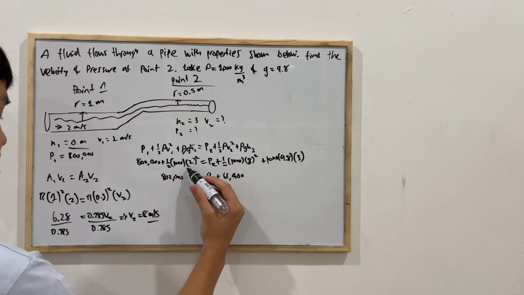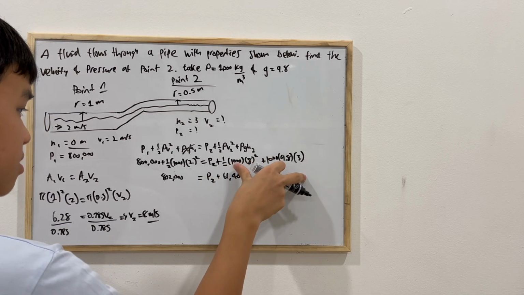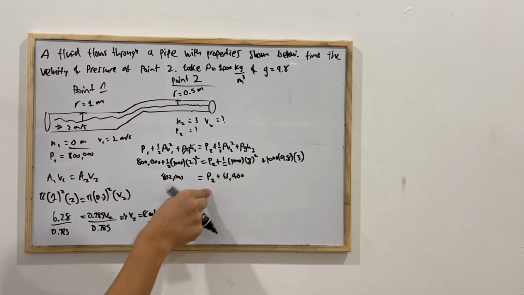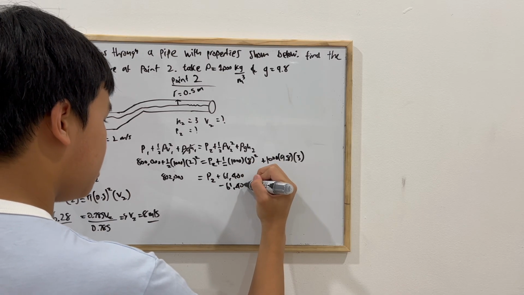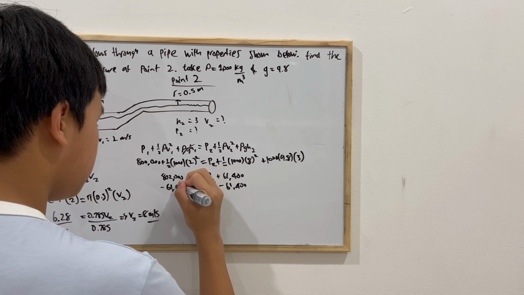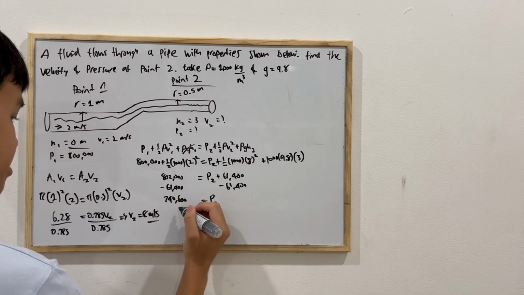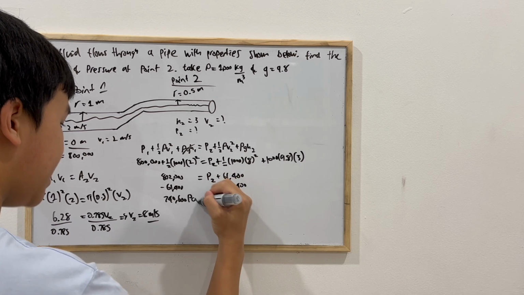Since this side is all numbers, we can just work that out, and that's going to get us a value of 61,400. And we still have our pressure 2 value here. So we are just going to simply subtract 61,400 on both sides. And that's going to leave us with 740,600 as our pressure 2. And this is going to be in pascals.